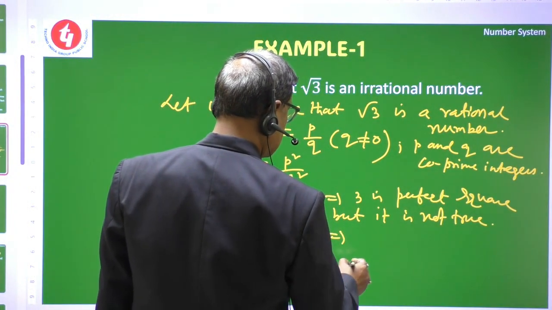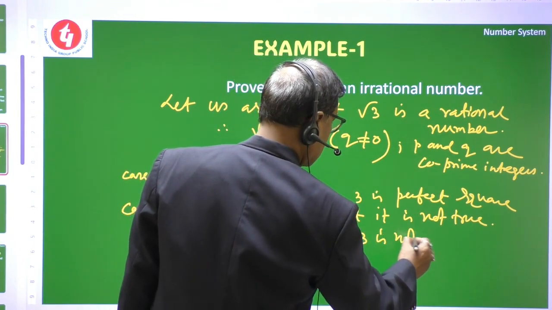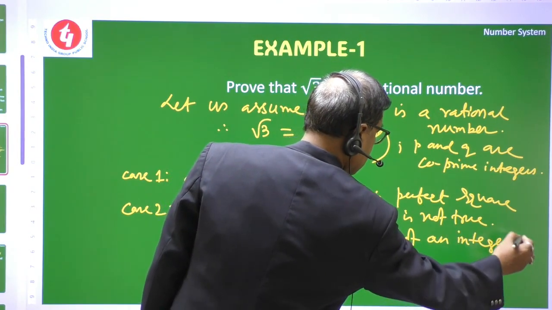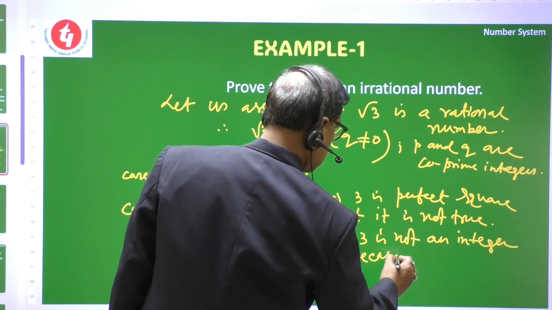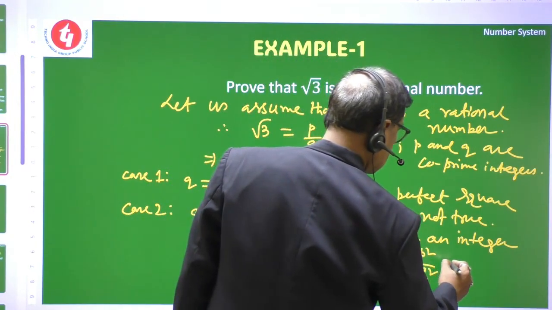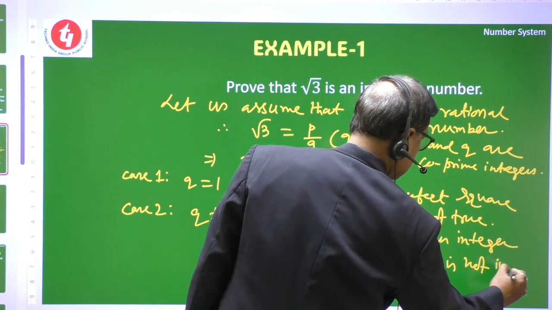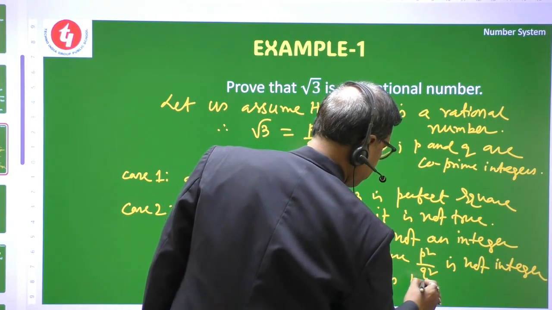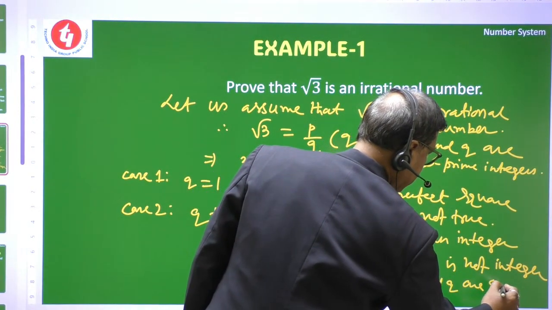This implies 3 is not an integer, because p square by q square is not an integer, as p and q are co-prime.